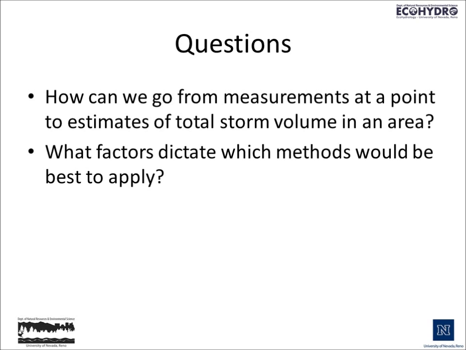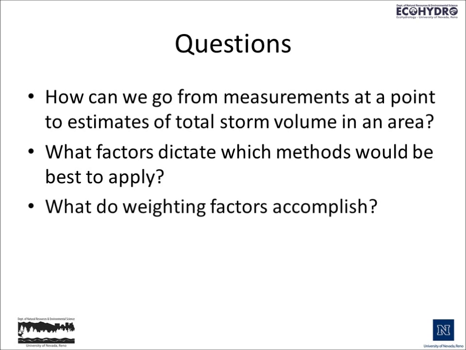The factors that dictate which methods could be best to apply include, first of all, the sparsity of the data network or the relative density of rain gauges, as well as the rates of change that we're observing in precipitation between one station and the next. Weighting factors accomplish one very important thing.